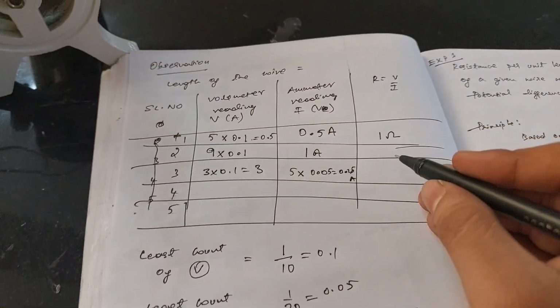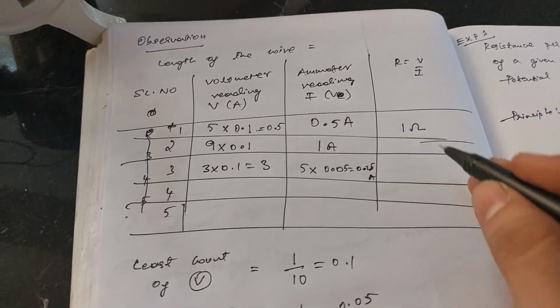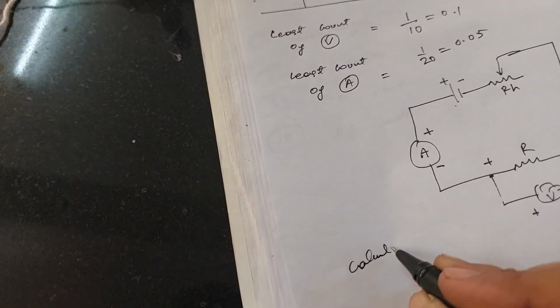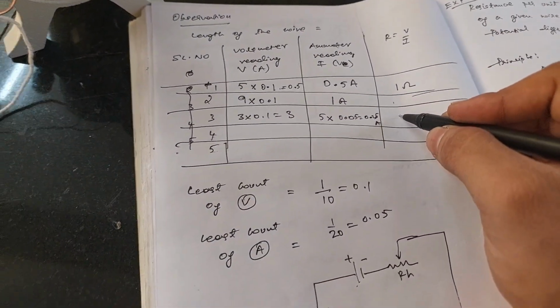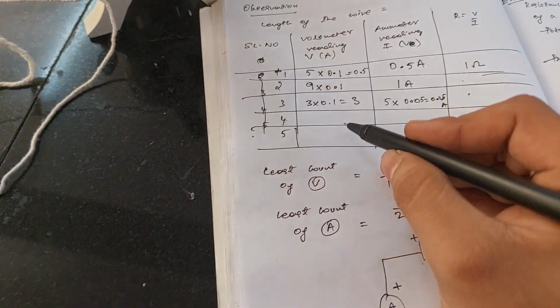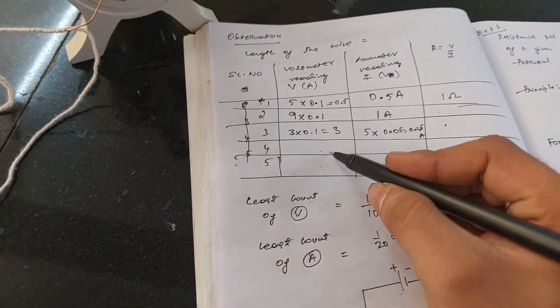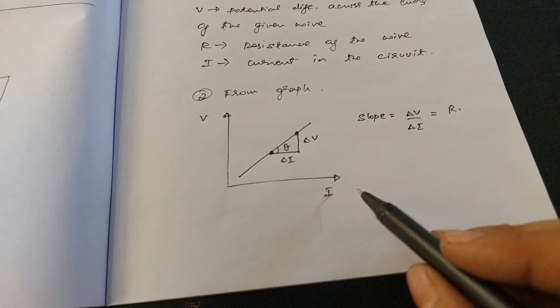Now for each of those divisions you calculate the R value. You show that calculation in the calculation section in the exam, and then you write all those 3 values and take the average. Then, if you are plotting the graph, you have to take 2 more observations and then plot it.